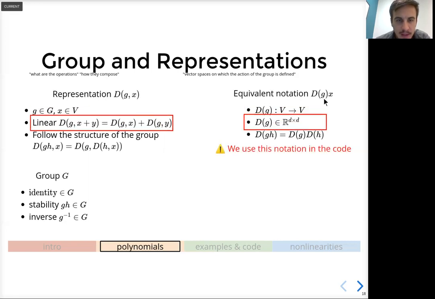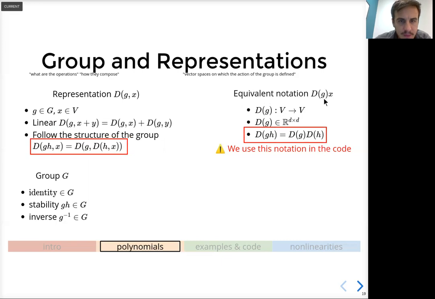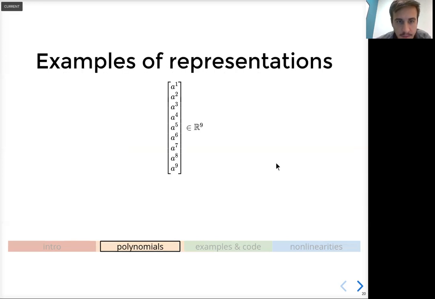And then this constraint can be written as matrix multiplication. So the matrix of gh is equal to the matrix of g times the matrix of h. We will use this second notation in the code and in the future slides.